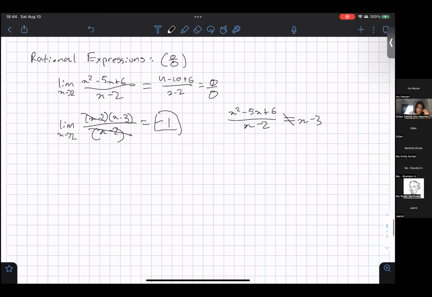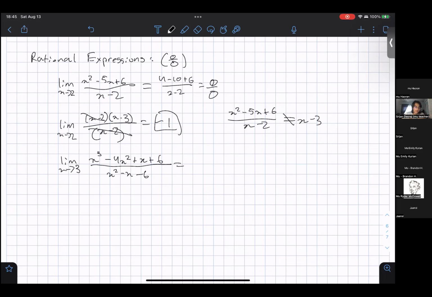So let's try another one. The limit as x approaches 3 of x cubed minus 4x squared plus x plus 6 over x squared minus x minus 6. So again, the first step is always to plug in x equals a.